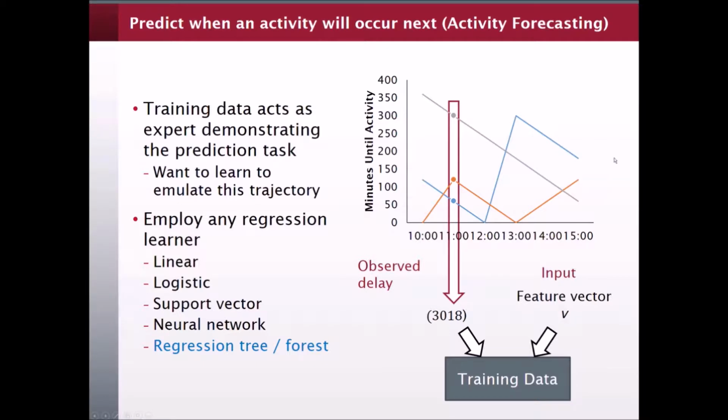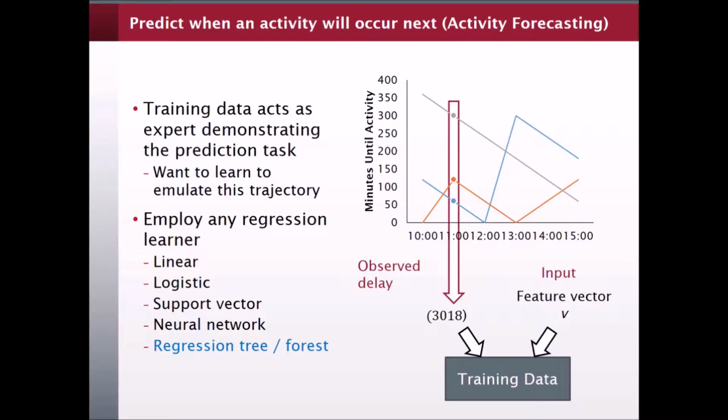How we can train a regression learner is with sample sensor data that is labeled with events by an activity recognition algorithm. The training data then acts like an expert that's demonstrating the prediction task, because if every sensor event is labeled with a corresponding activity, we can use past data to determine for any given data point how much time did elapse until the activity occurred again.